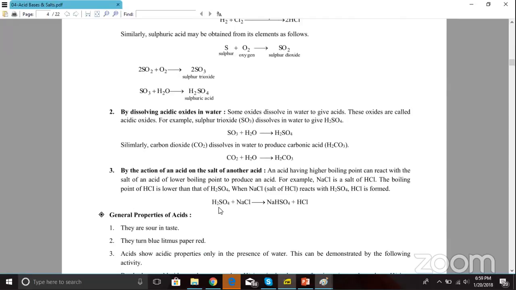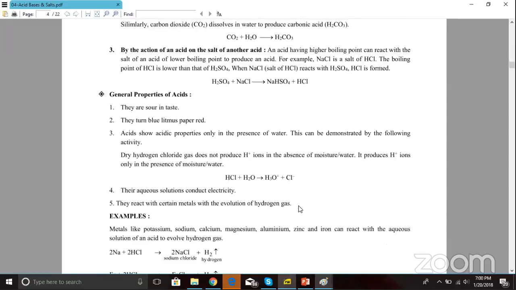One of the hydrogens from the acid, because you know that an acid is a proton donor, and proton is nothing but H plus. The H plus from the sulfuric acid moves over here, and the Na will go and join over here. So we get sodium hydrogen sulfate plus HCl. This is another method to prepare the acid.